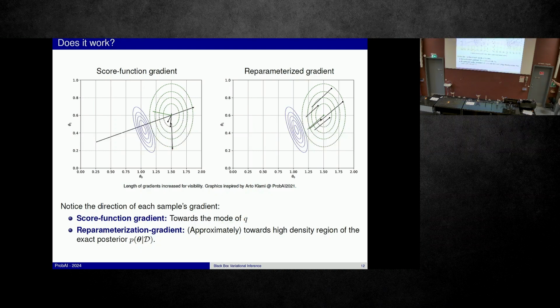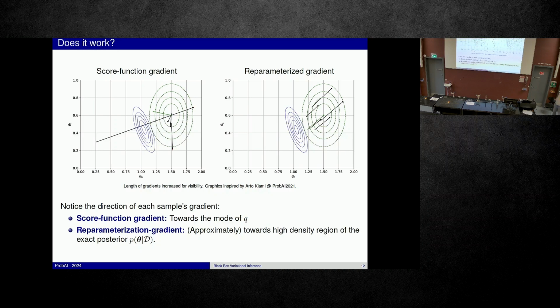Here we have the reparameterization plot. And the cool thing here is that each and every guy here has a gradient vector pointing towards where we want to go, right? So you can see that the variation between each sample here is really small. And the only reason for making lots of these guys and averaging them out would be to be good at guessing what length to have on the vectors.